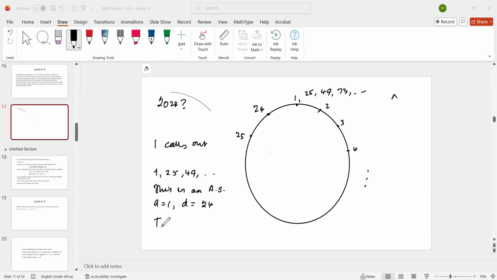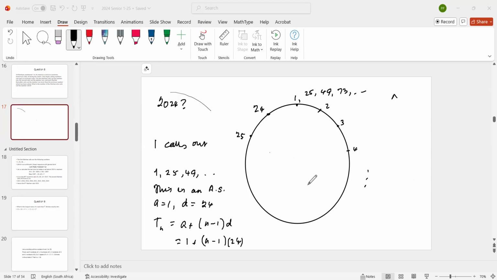So we want to know what the nth number in the sequence is. What is Tn? Now the formula for the nth term of an arithmetic sequence is A plus (n minus 1)D, right? And A is 1, n minus 1 times 24, because D is 24.